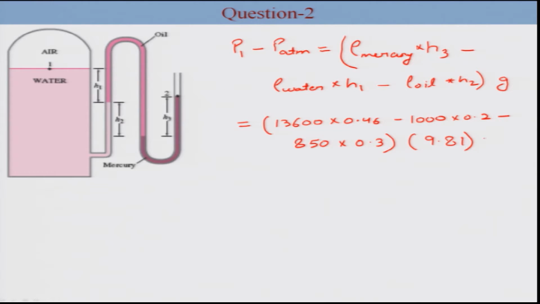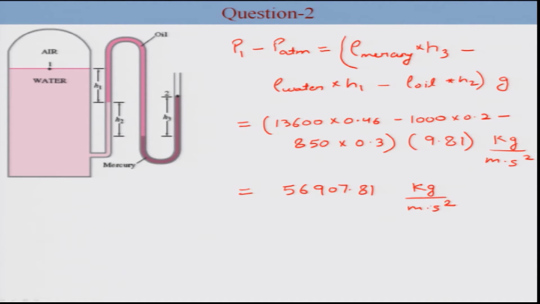Putting all the units also, all the units will simplify to kg per meter per second square. So this simplifies to 56907.81 kg per meter per second square.